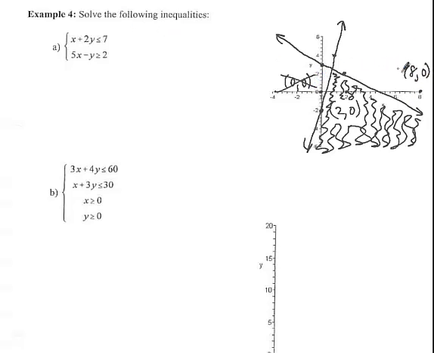Alright, so this is the point for this upper right hand region, and if we test the points, we get 8 plus 2 times 0 is less than or equal to 7. We get 8 is less than or equal to 7, which is not true. So it doesn't work for this one. This upper region is not a solution.